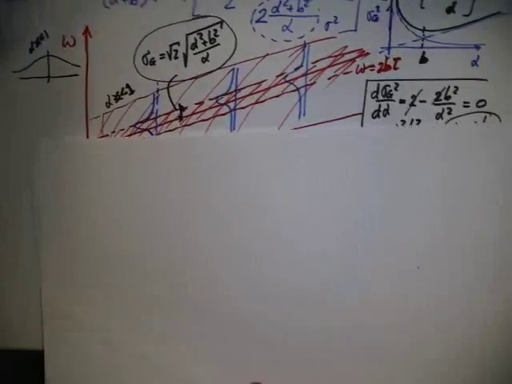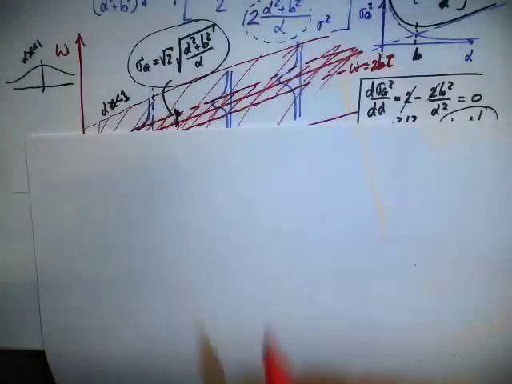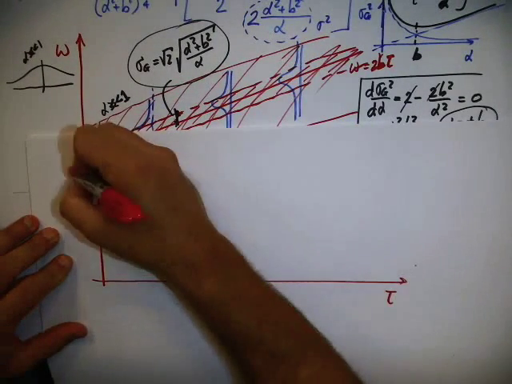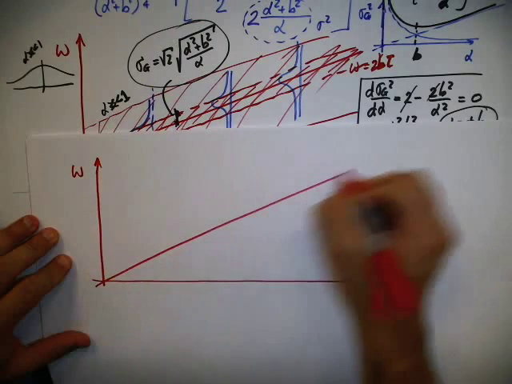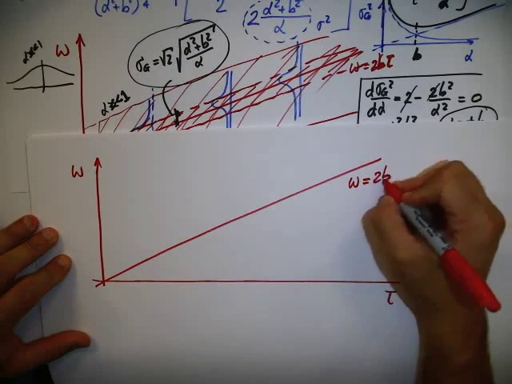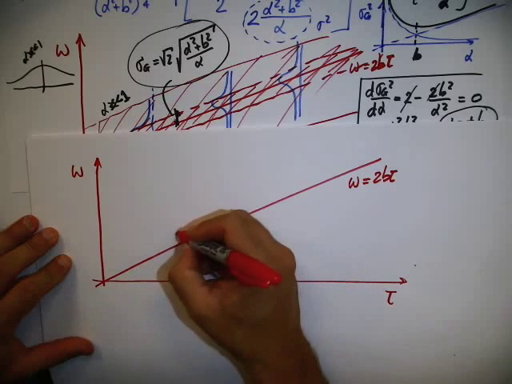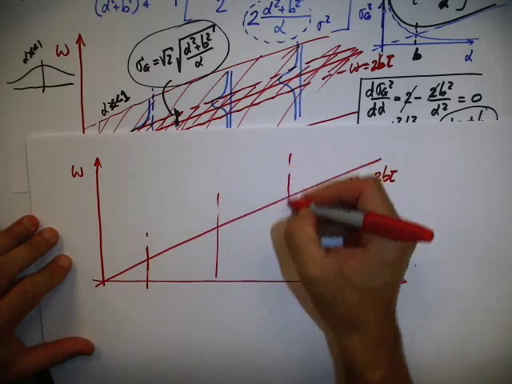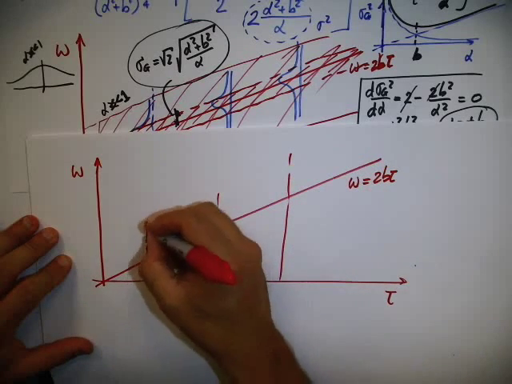The important thing to remember here is that we have tau and omega. The main line is omega equal to 2 beta tau, and then we have a spread in the vertical direction.